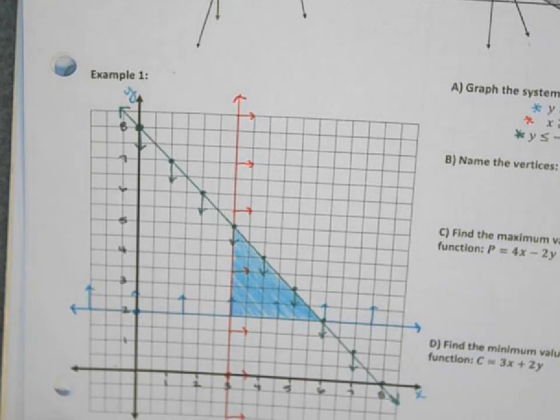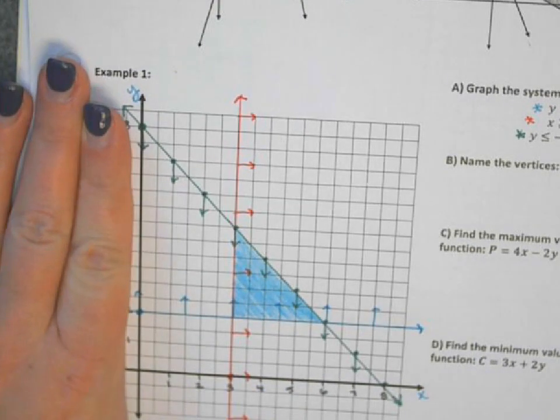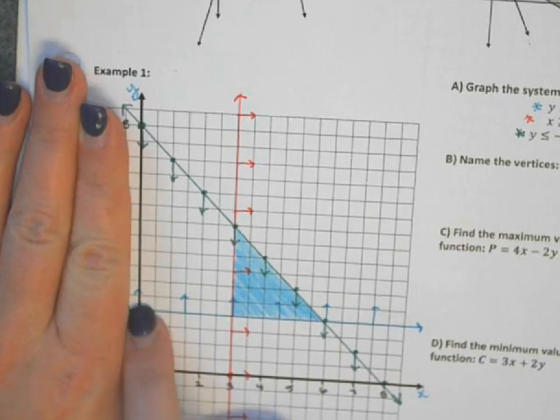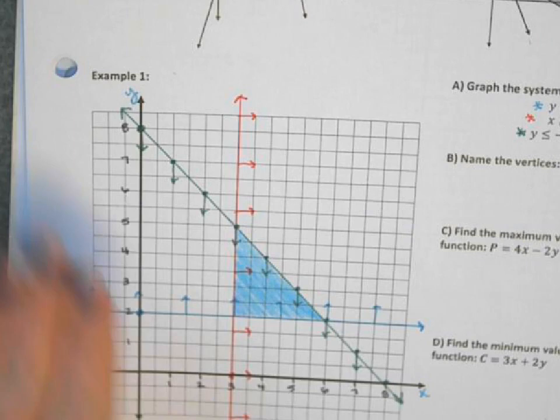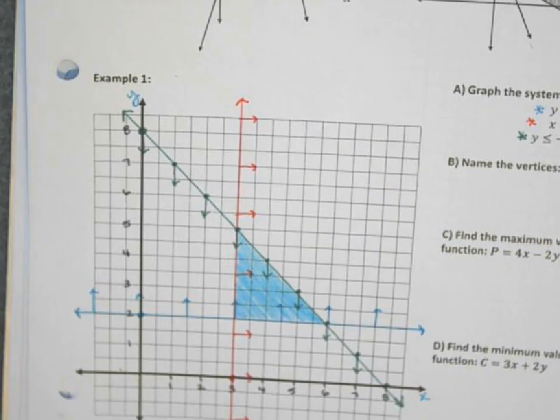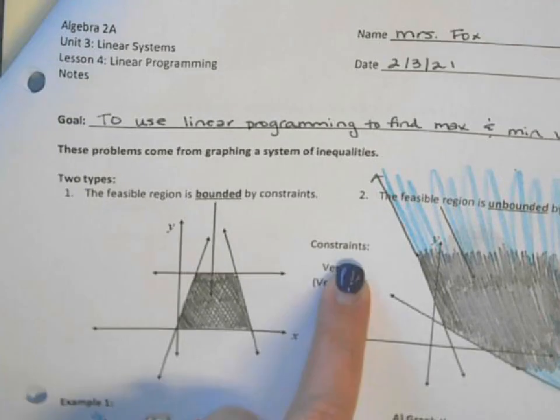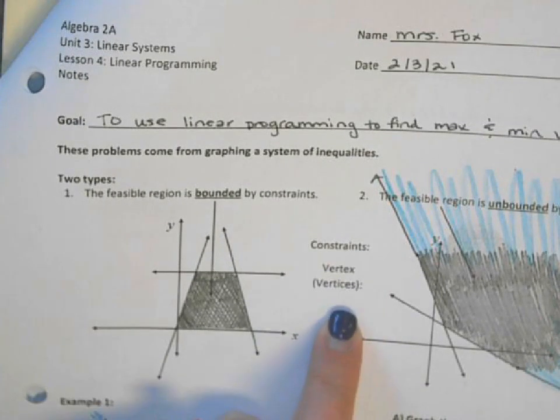People don't put the scales on, and then they get confused and think that this blue line is all of a sudden their x-axis, or the red line is now their y-axis, and they get confused as to where numbers are at. And it's really important that we aren't getting them mixed up, because our next step is we have to know the difference between what the constraints are and the vertices.